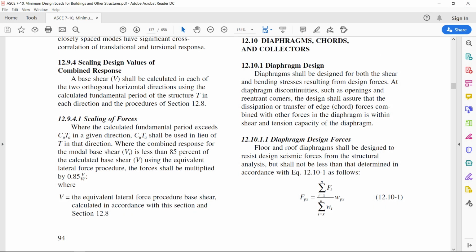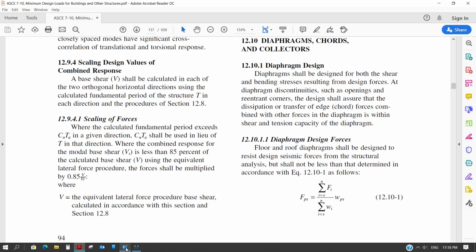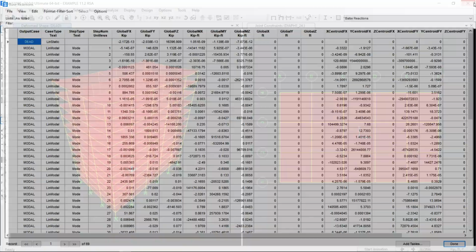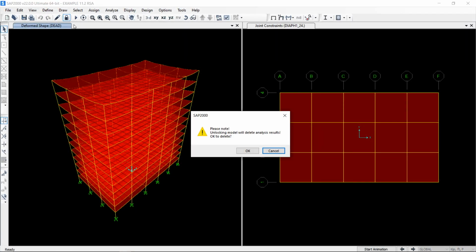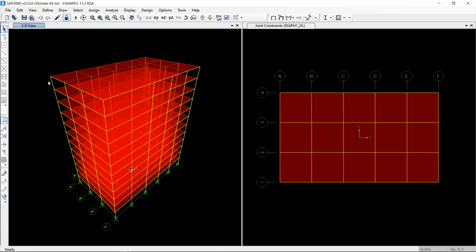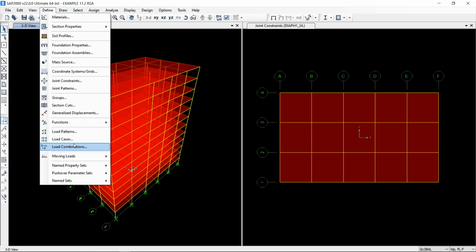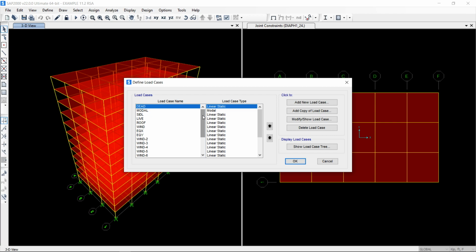Let's close this one. Let's close this one. So now we have to define our response spectrum case, modify.